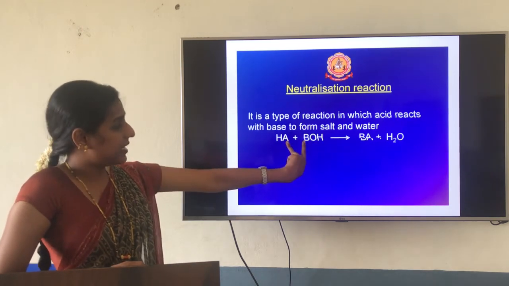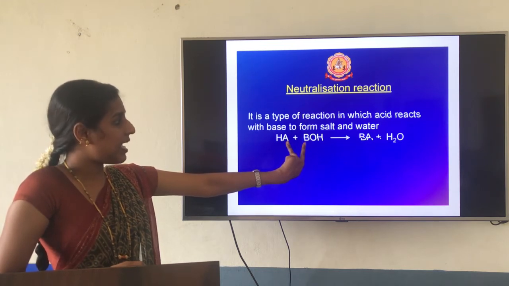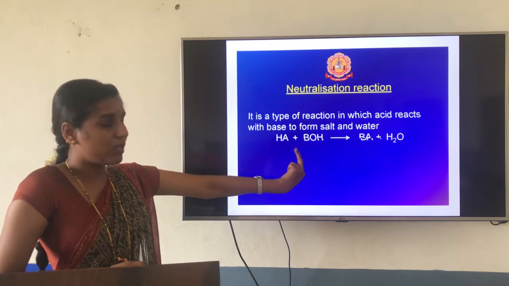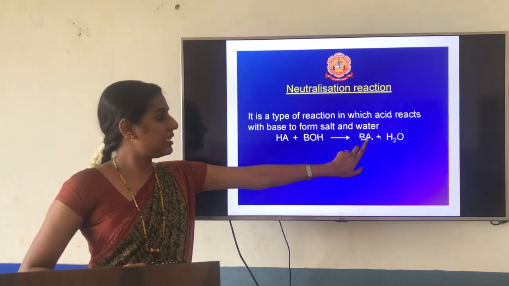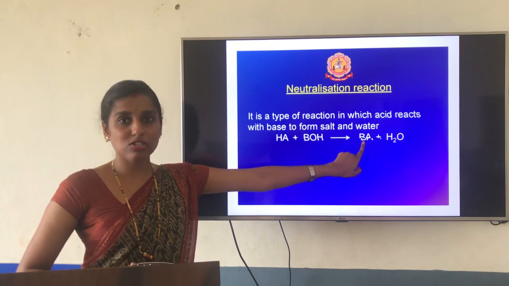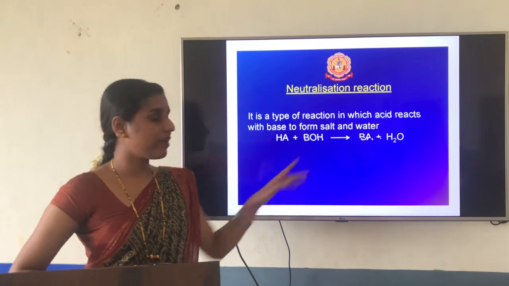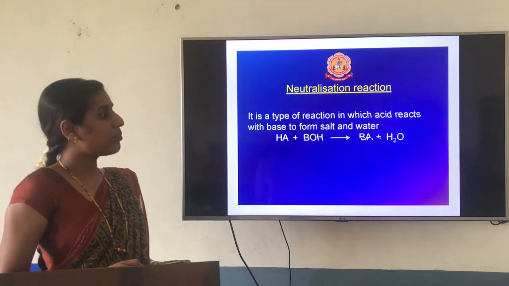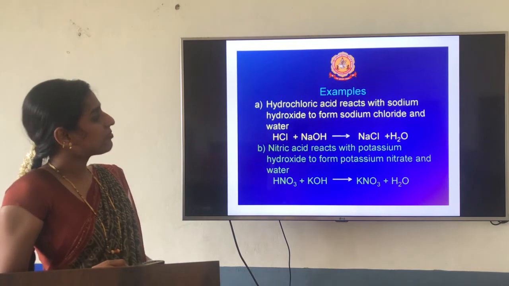The other ions present in the reactants will combine with one another and you get a salt. This salt doesn't have H plus or OH minus. Acidic character is not there, basic character is also not there. So it got neutralized and you get a salt as a product, which is neutral in nature.